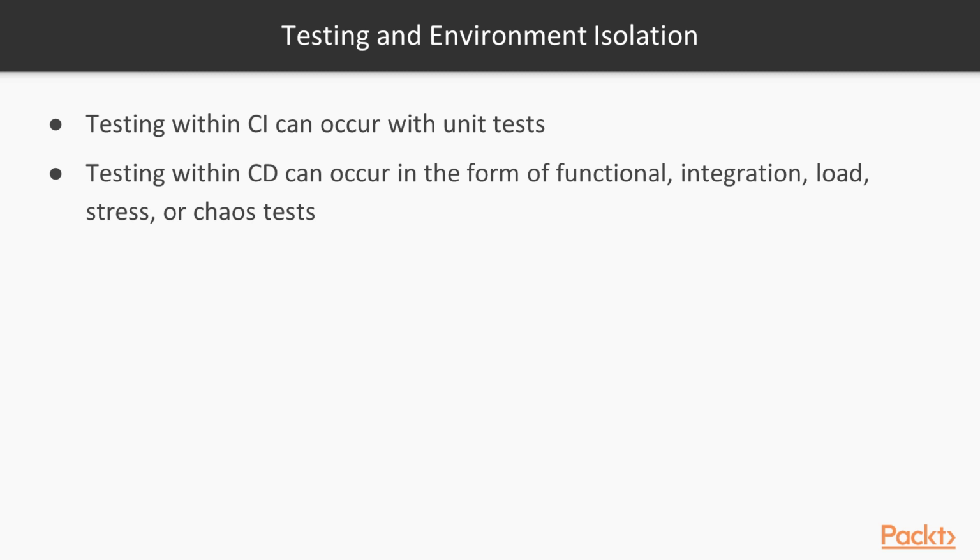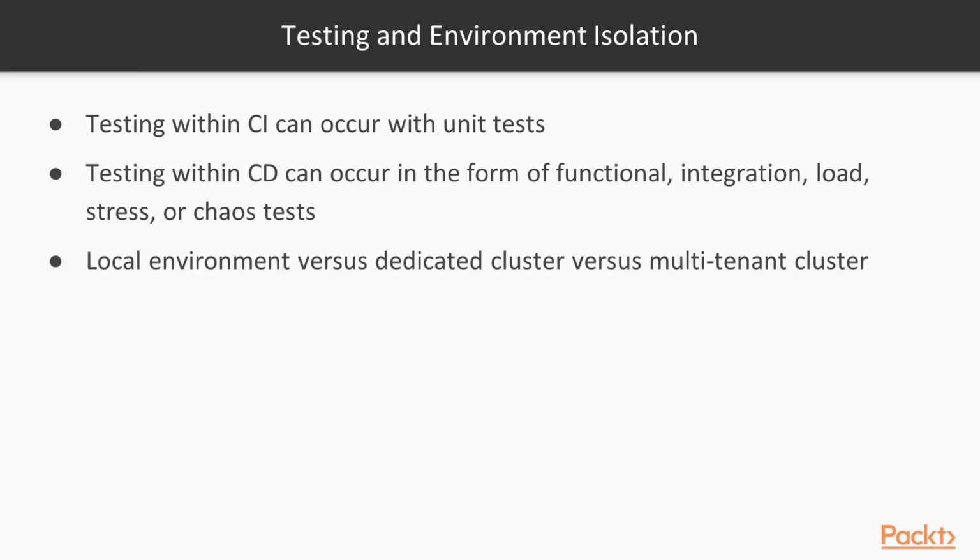As far as environment isolation goes, obviously you have your local development environment. You might have a dedicated cluster for an environment, such as dev, QA, or prod, or you may be using a model that is multi-tenant, wherein a large cluster is split up amongst different teams, or perhaps dedicated to several environments for one team.